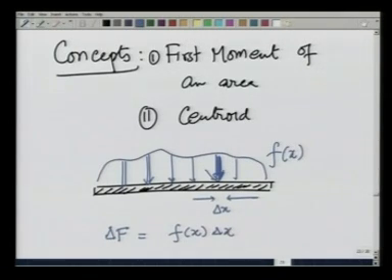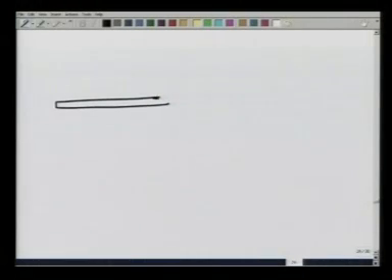What we wish to now find is what is the net force acting on this beam and where does it effectively act. That means, if I were to apply an opposing force to balance it, where should I apply it so that this force is balanced? The answer comes in terms of the quantities just defined.